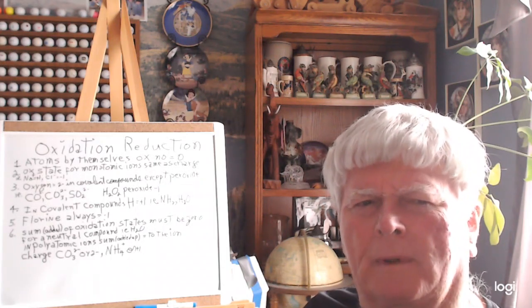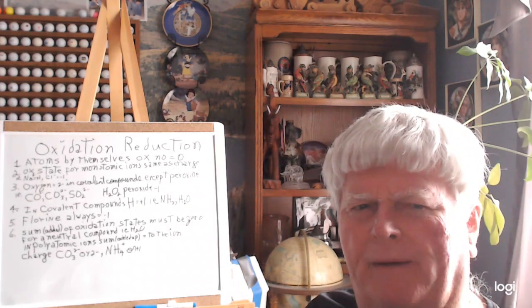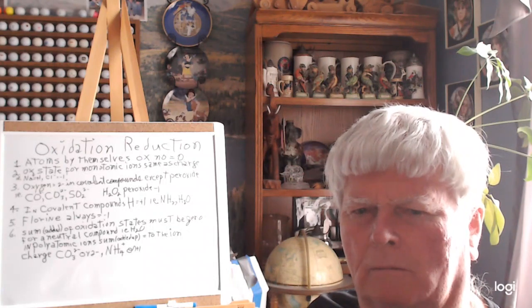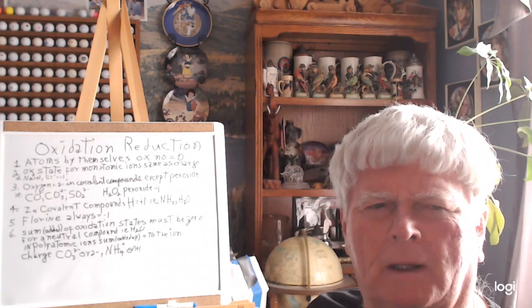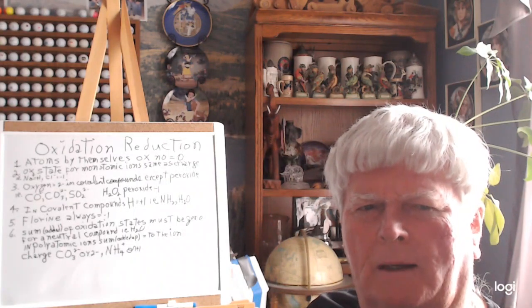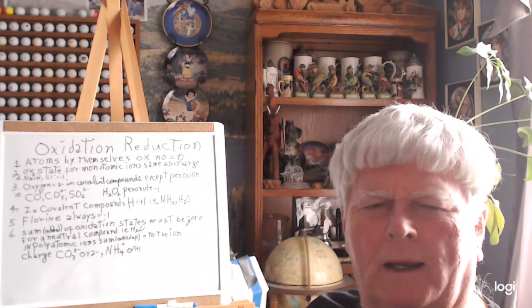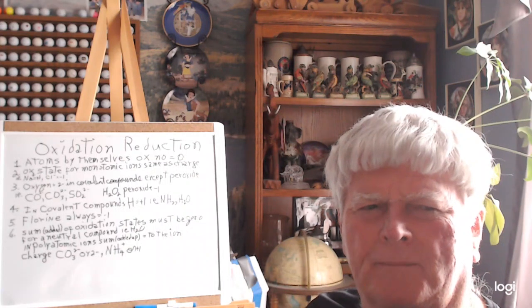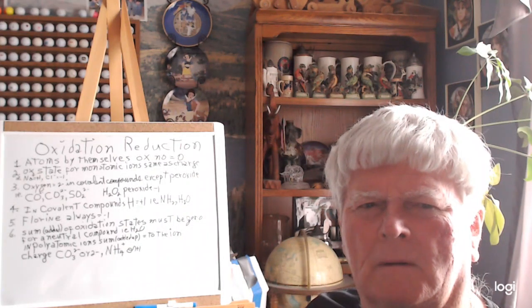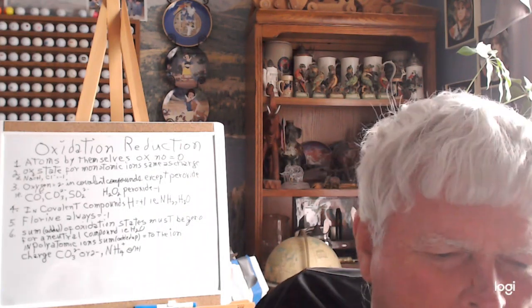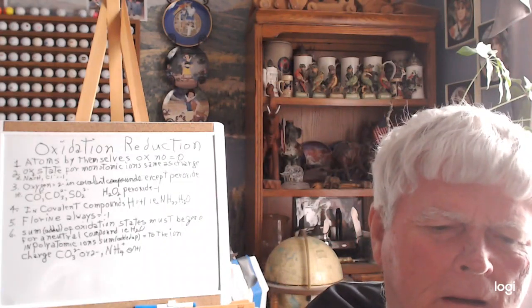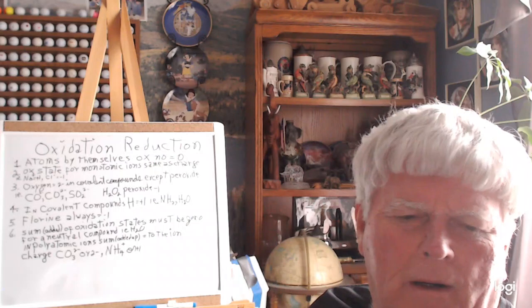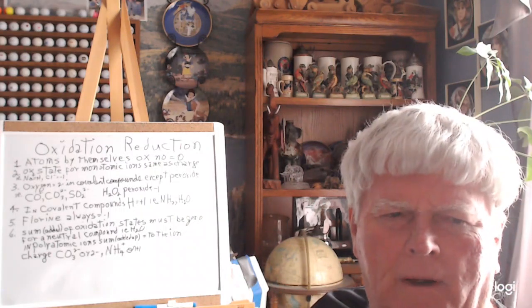Number one, atoms by themselves have an oxidation number of 0. Number two, oxidation state for monatomic ions is the same as the charge in the monatomic ions.